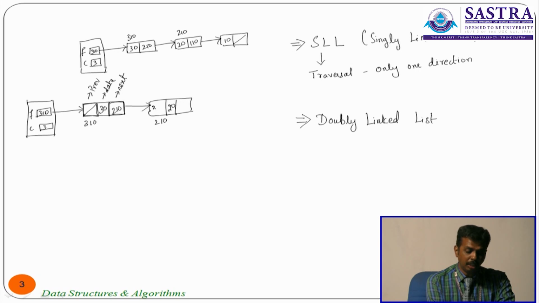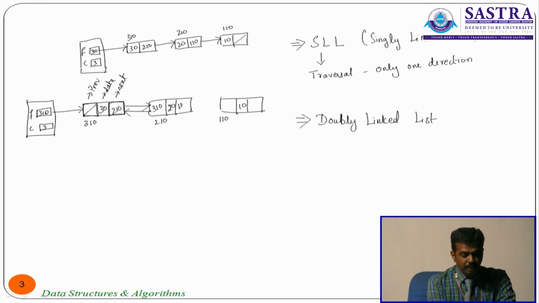So, 310 is contained in this field. It means that this is pointed in the reverse direction also. Okay. So, the next of 210 is the 110th node. So, draw that 110th node. This node also has the 3 fields, 10, and this is 110.